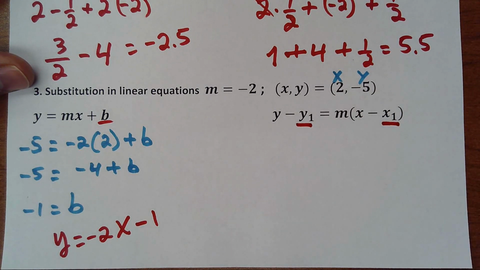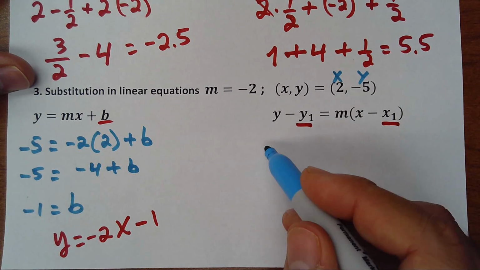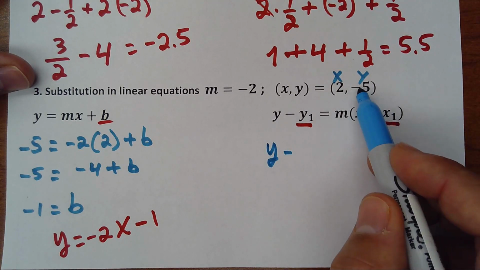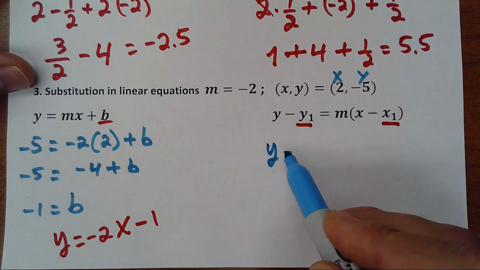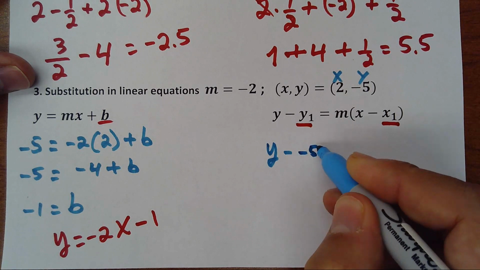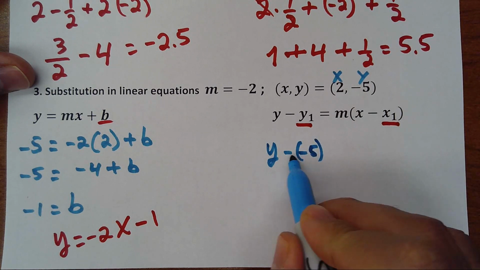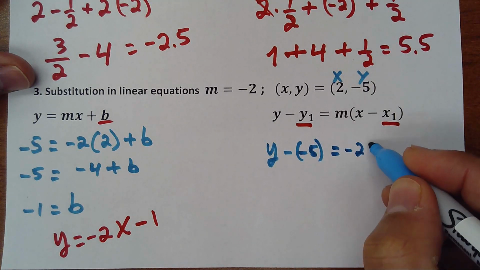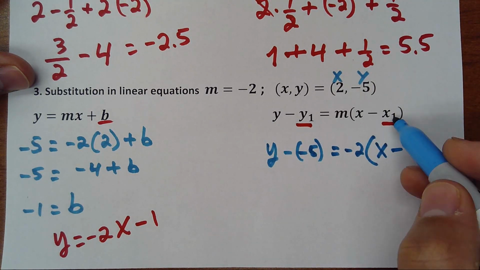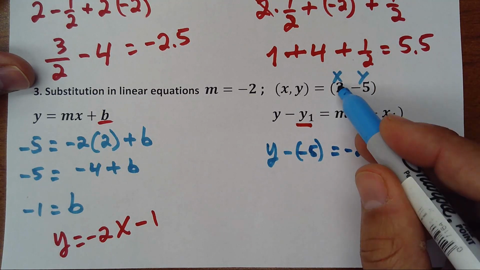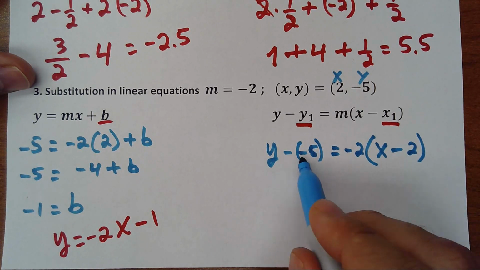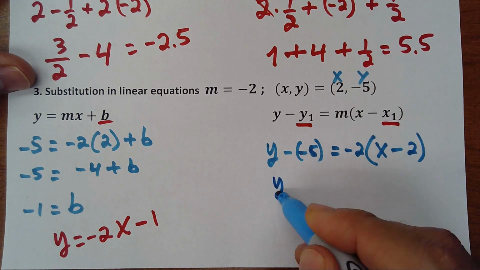Okay, so first step, I substitute the values. y minus, this minus is from the formula, and this 5 negative has its own minus, so I have to write both, minus -5. Put a parenthesis here because 2 signs shouldn't be together. Equals, the slope is -2, x minus the value of x1, here I substitute the 2. And then I start working on this. This minus sign minus is plus, so here's y plus 5.